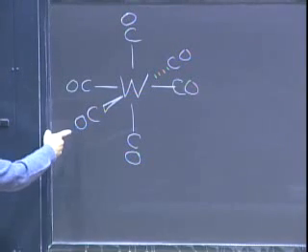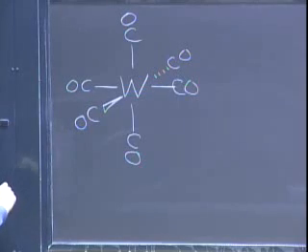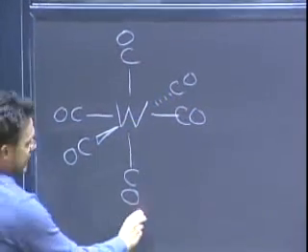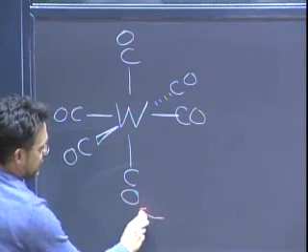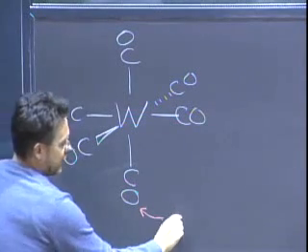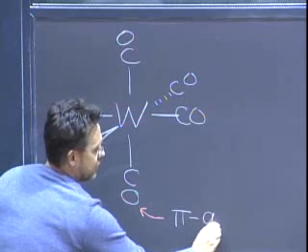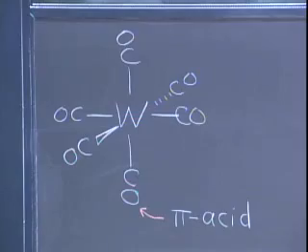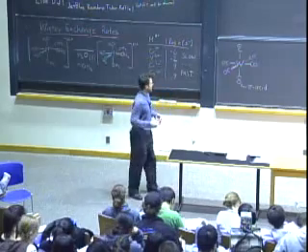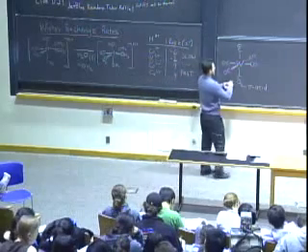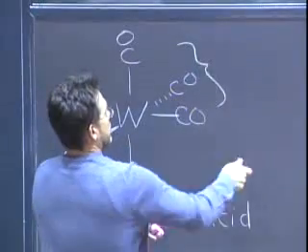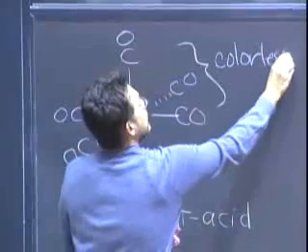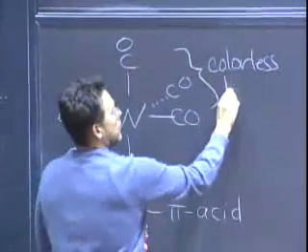And in this tungsten hexacarbonyl system, you're going to find that, as you'll be seeing in recitation this week, these CO ligands are pi acids. They are very high in the spectrochemical series. This leads to a molecule like this being colorless. Has a large delta O.